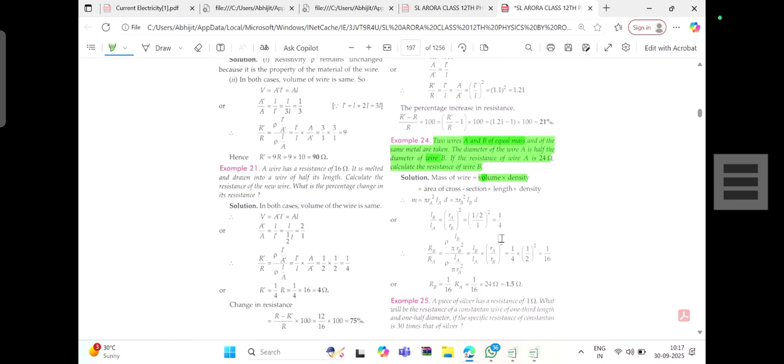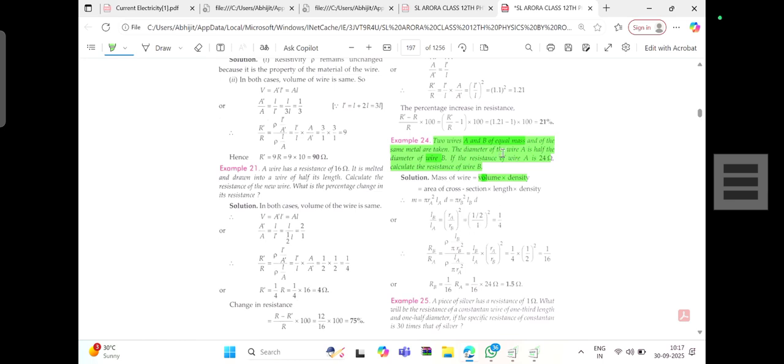Okay, now here the diameter of wire A is half of the diameter of B. It is clearly mentioned here that the diameter of wire A is half of the diameter of wire B. If the diameter is half, then the radius will also be halved.